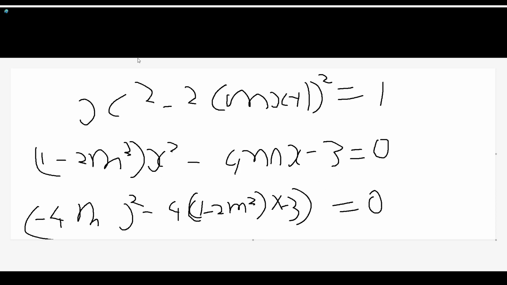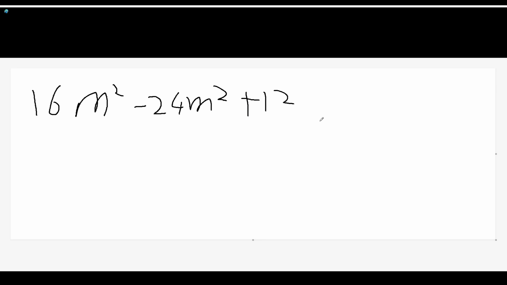And you can see here we're going to get an expression which is simply going to be 16m squared minus 24m squared plus 12, right?